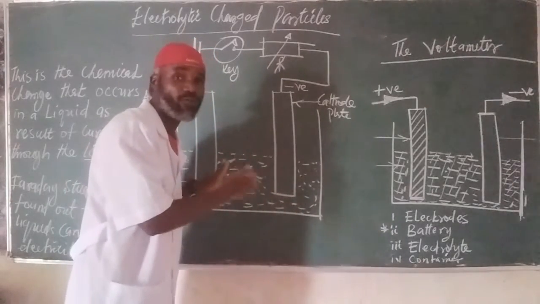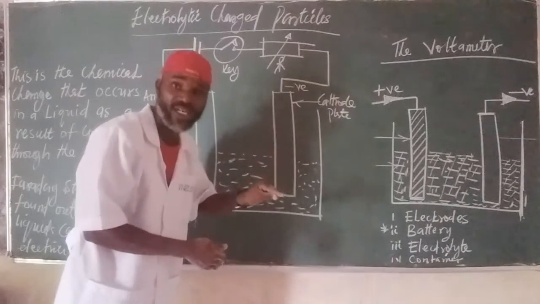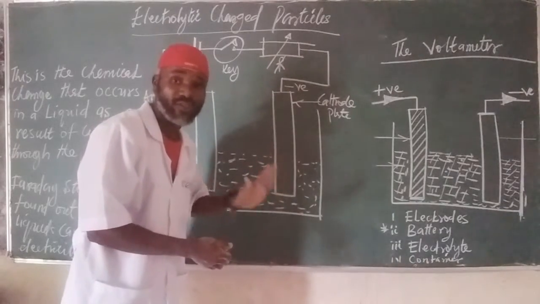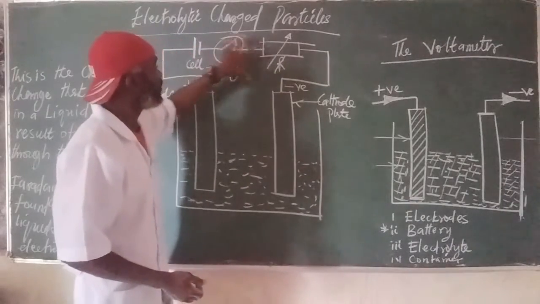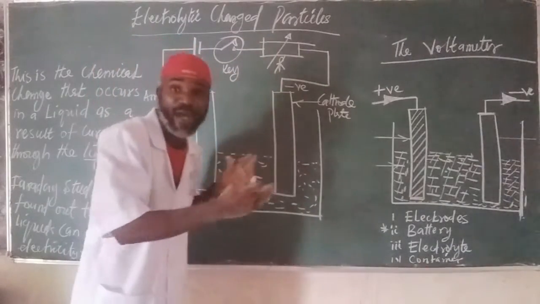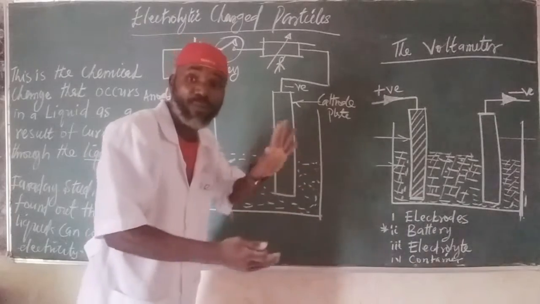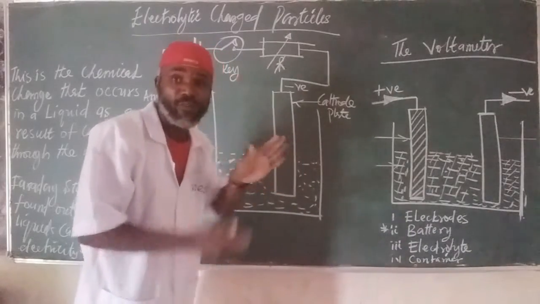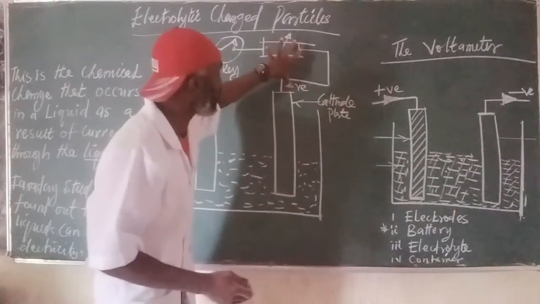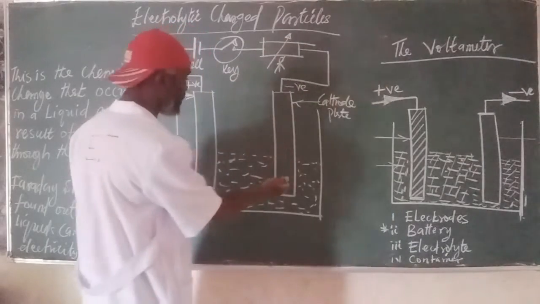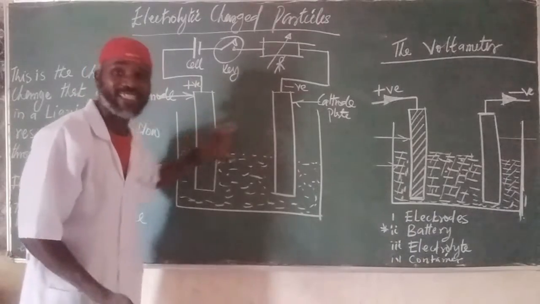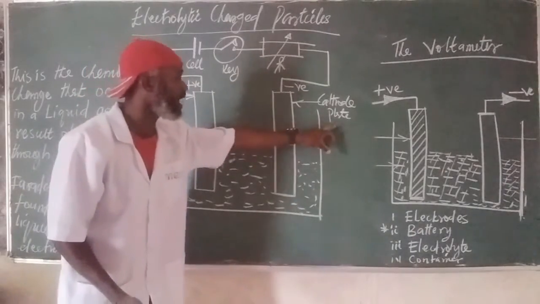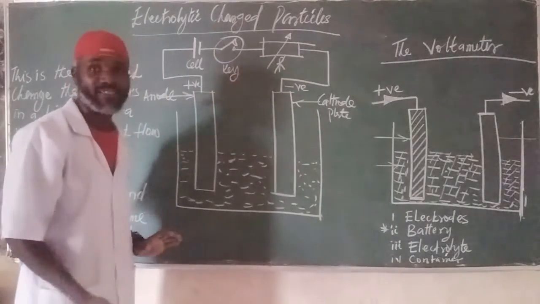If you want the current to flow, you switch it on. If you want it to stop, you turn it off. That's what the key does. The rheostat regulates the amount of current flowing, gives you some value, not big, not too small, to avoid affecting the system. And the two rods I have already explained represent the cathode plates and the anode plates.